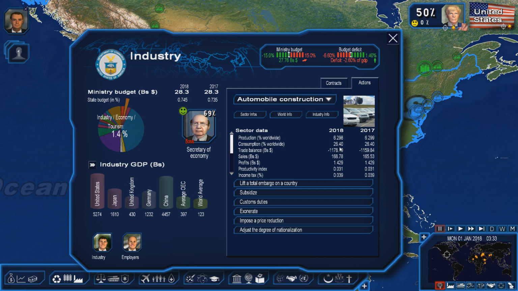Okay, and then coming over to income tax, that is what percent of revenue you're making off of the sale of this product in relation to your state revenue. So it's only like 0.03% of our income, of our state revenue overall.